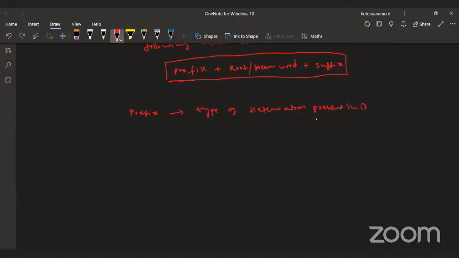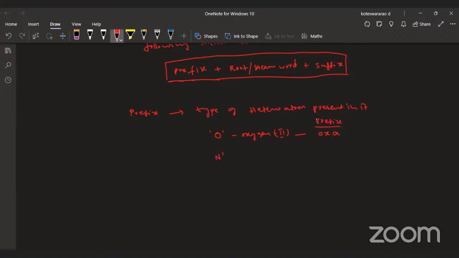For example, if the heterocyclic compound contains an oxygen with valence 2, then the prefix is oxa. That indicates the type of heteroatom present in it.